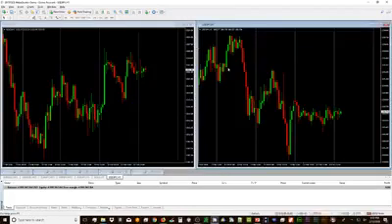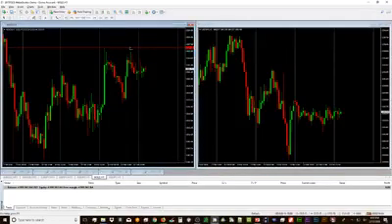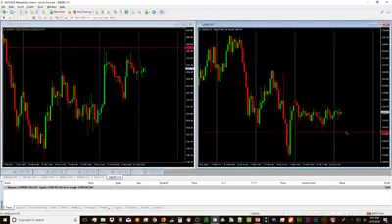But you can just take a look at gold versus the USD JPY. Gold is up here, right? Pricing reached all the way up here. And for the USD JPY, it reached down here.